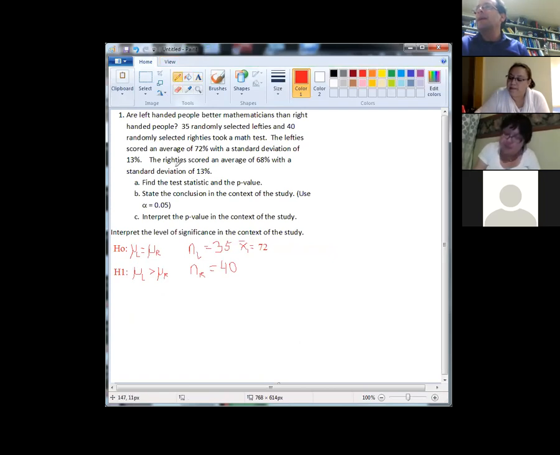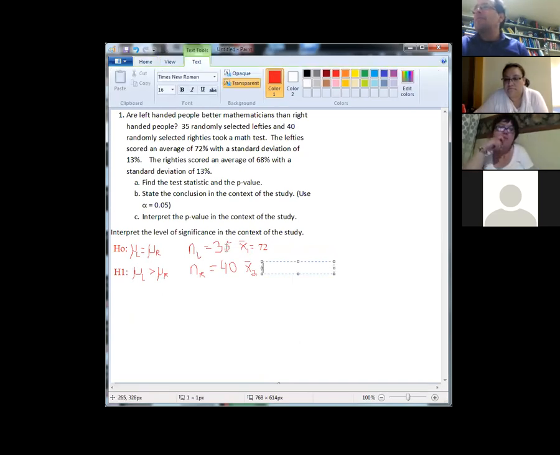And then similarly, X2 bar, that's a terrible 2, it's hard to draw with a pen on a computer, X2 bar is equal to 68, the righties average.